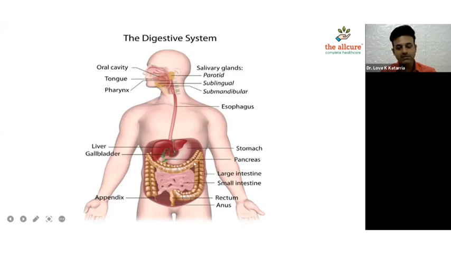The large intestine has the further role of absorbing the excess water from the stools, so that only the amount of water required remains and it can be pushed out easily. If excess water is absorbed, it will lead to dry stools, and if there is too much water, it will be a watery stool.